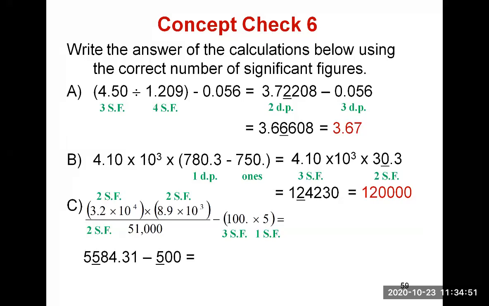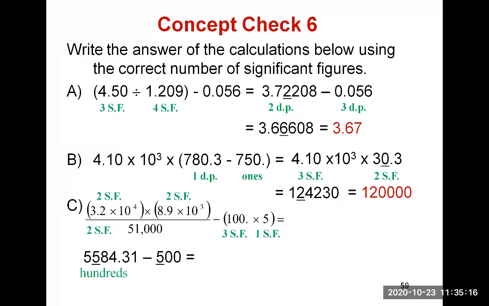Now we are doing a subtraction and the rule is changing. We need to look at the least precise digit place. And in the first intermediate answer here, we have 2 decimal places. Yes. We need to pay attention to the fact that we had rounded to 2 significant figures. That's why the 5 is underlined.